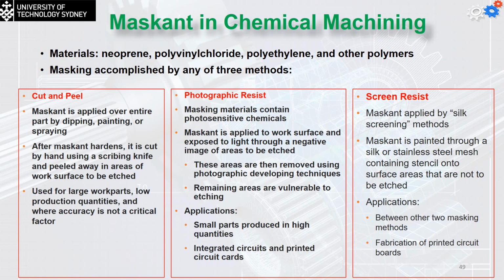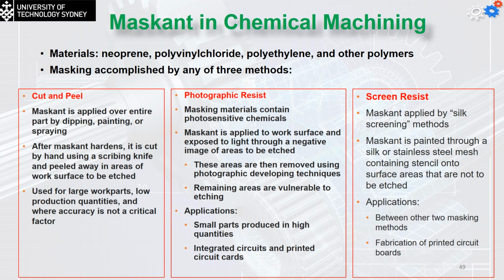That means it exposes the light on the area I don't want to etch. Because of the light sensitivity, it becomes a harder material, and this does the masking. The rest of the area is not covered. Then I can simply put on the etching material, and it does the etching process.